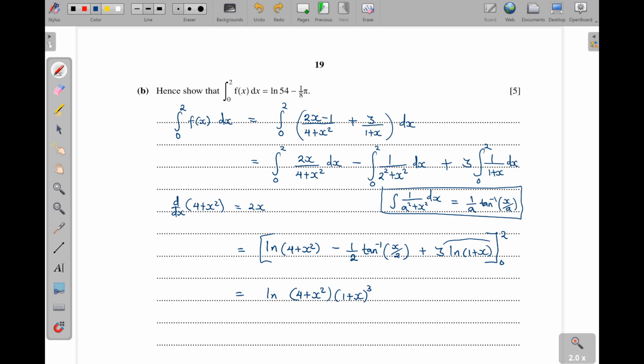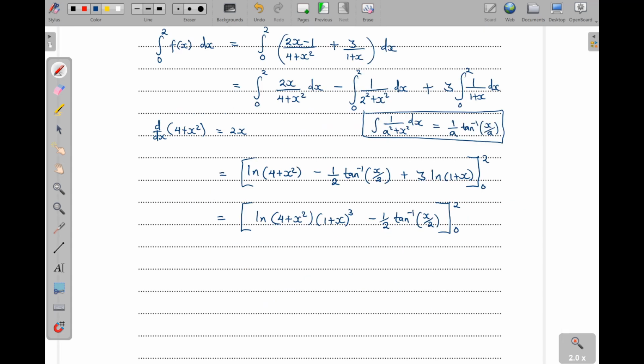So that means after getting that, then we shall have a half, then the arctan of x out of 2, and then we can now put the limits. This is 2, 0. Now, when we put the limits, put a 2, this will be natural log of 2 squared, that will be 4, then plus 4, that will be 8, then into, put 2 here, that will be 3, 3 cubed, that is 27.